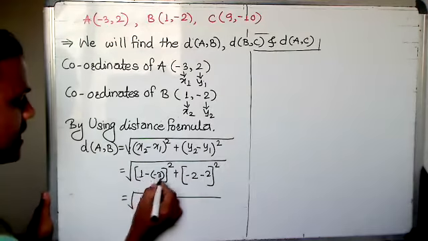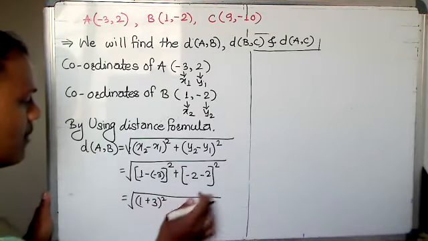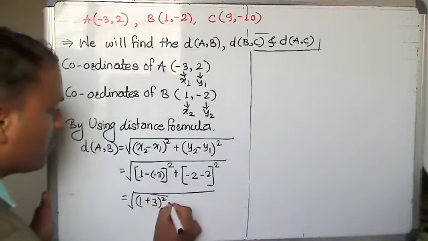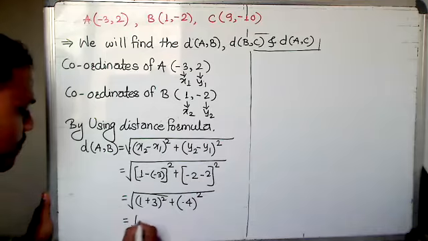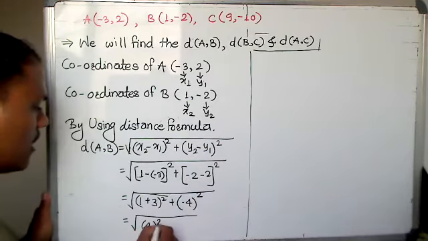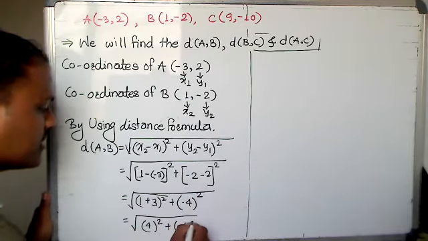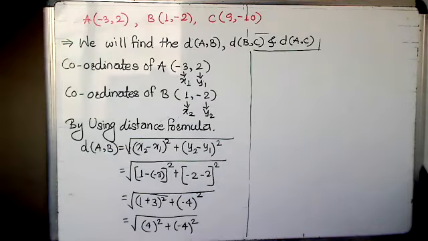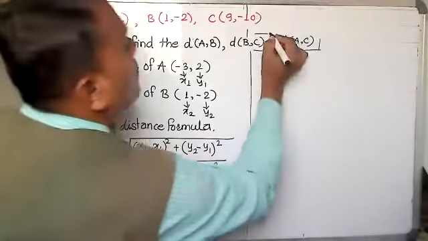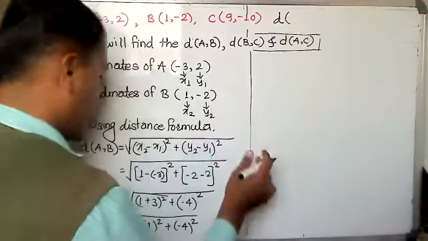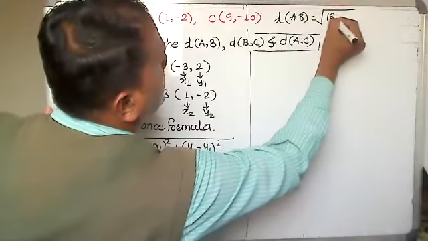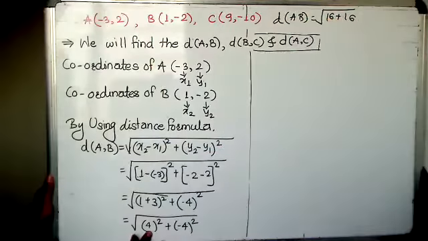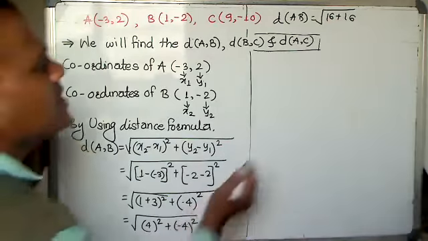1 minus minus becomes plus, so (1 plus 3) whole square plus (minus 2 minus 2, which is minus 4) whole square. So 4 square plus minus 4 square. Now, distance AB is equal to under root 16 plus 16, because 4 square is 16 and minus 4 square is also 16.